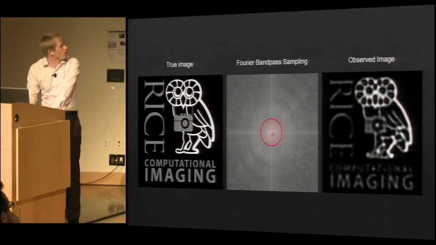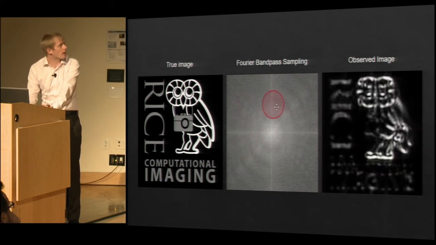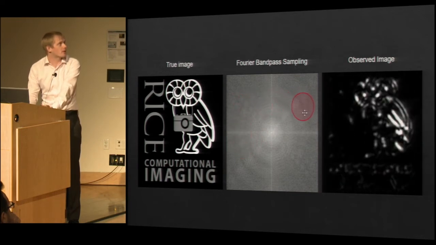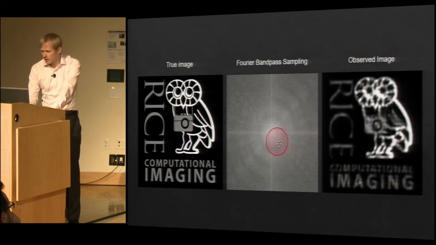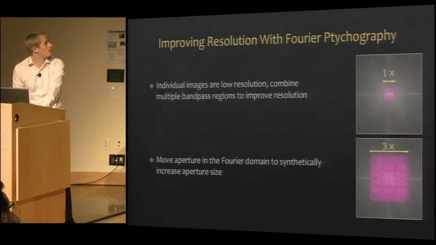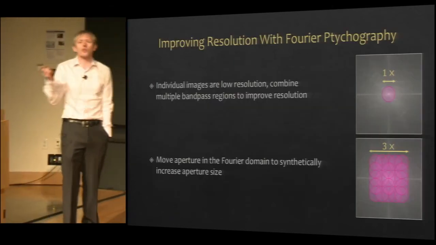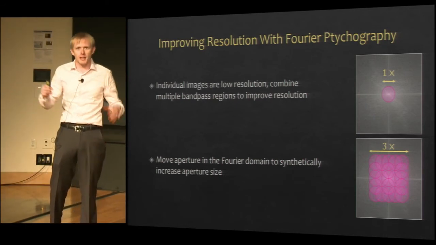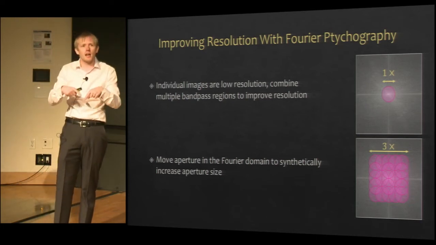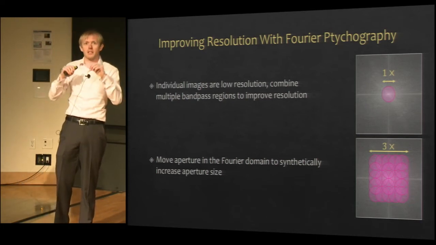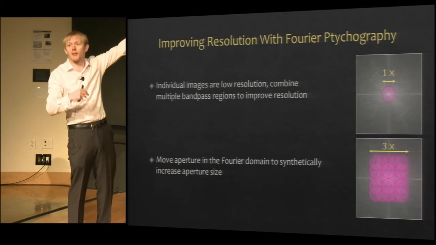And as I move the camera, the aperture, around, we capture different bandpass regions of the Fourier transform and get different frequencies. And so the idea is that if we can capture a sufficiently large region of the Fourier transform and take multiple such measurements, we can then stitch them together and have a synthetic aperture, which would give me a greater number of higher frequencies and more spatial resolution.